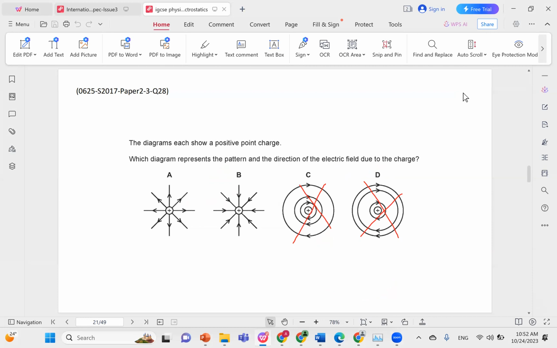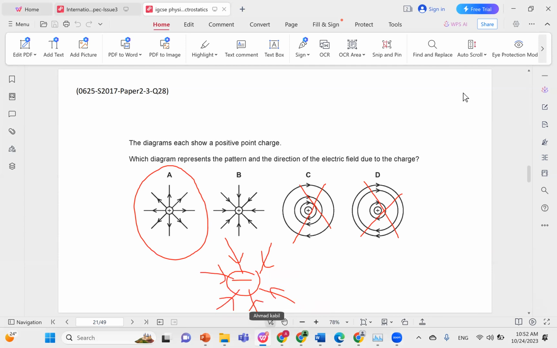They both look sort of like what we're looking for, but the difference is the field pointing out of the positive charge or into it? So the field should be pointing out of the positive charge. Had I had a negative charge, the field would have pointed inwards as such. So the correct choice here is choice A.